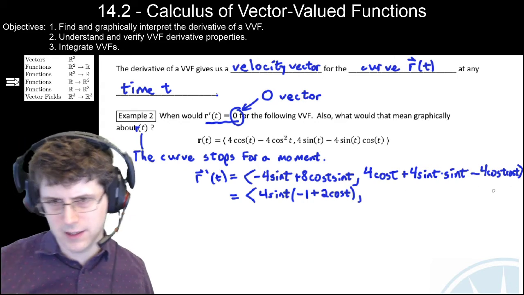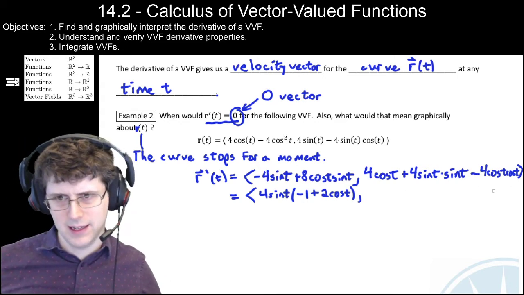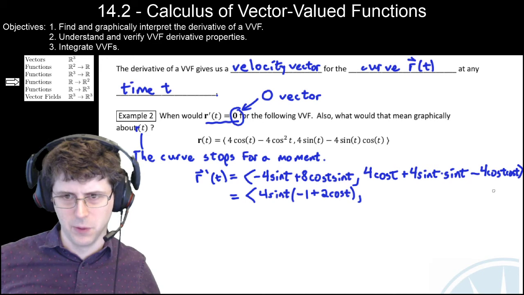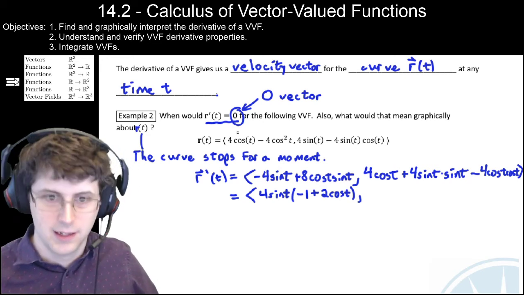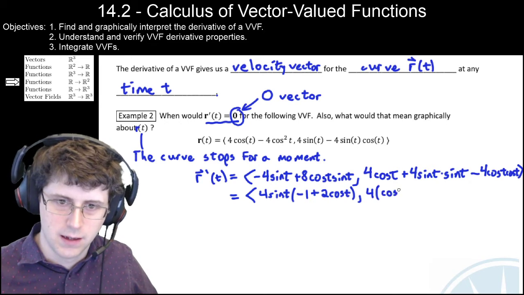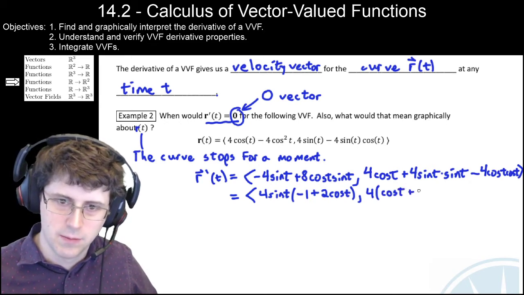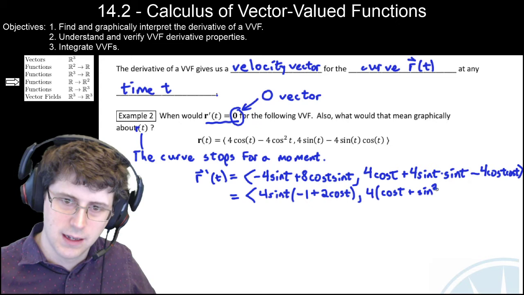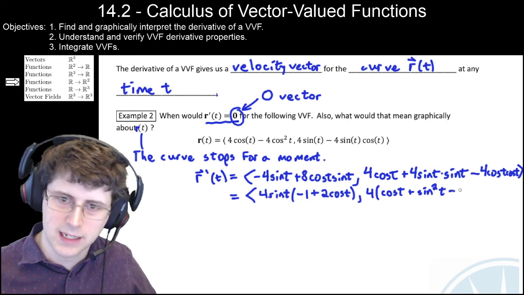Over here, I don't really see any common factor except for the 4. Oh, that's gross. Cosine t plus sine squared t minus cosine squared t.